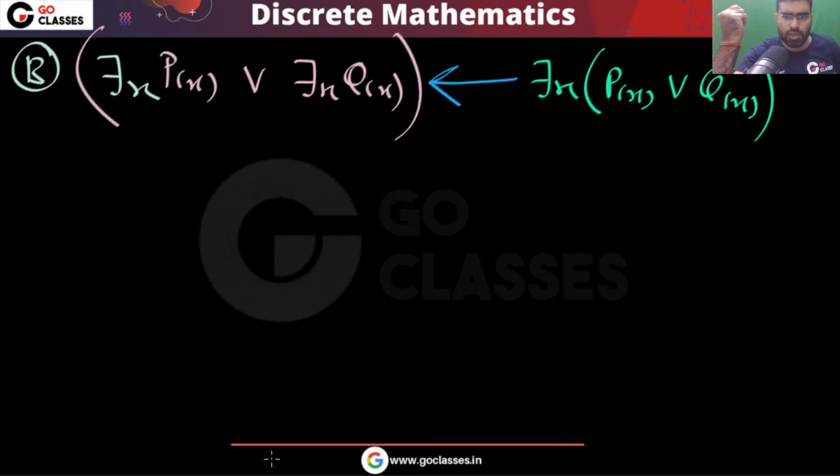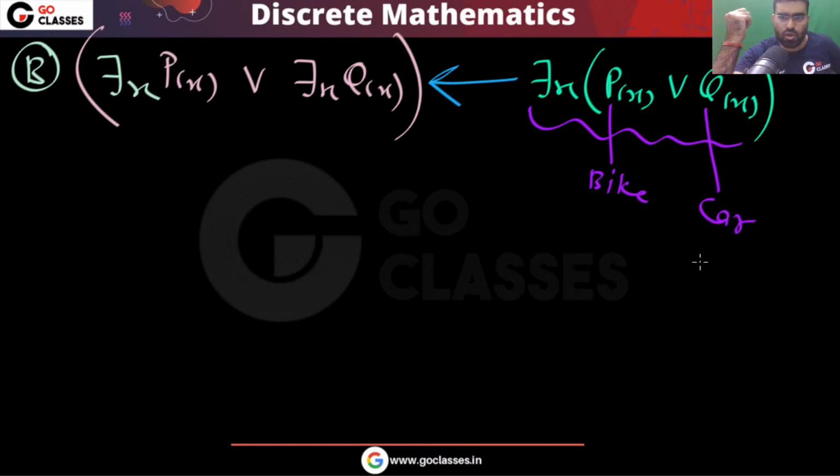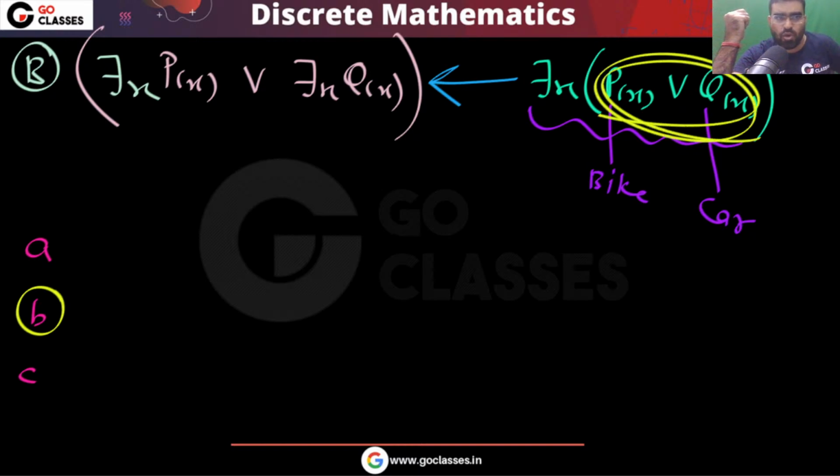Yes, of course you can intuitively prove it, because I am saying that someone has a bike or a car. Let's assume this is bike and this is car. There are some people, A, B, C. There is someone who has a bike or car.